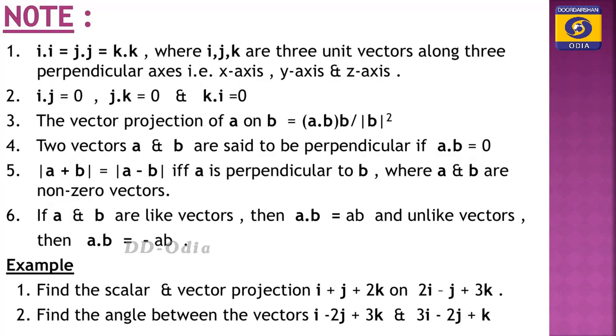Similarly, two vectors A and B are said to be perpendicular if A dot B is equal to 0, because cos 90 is equal to 0.